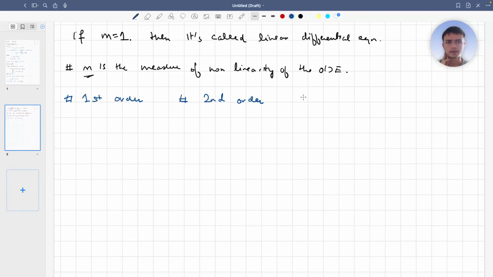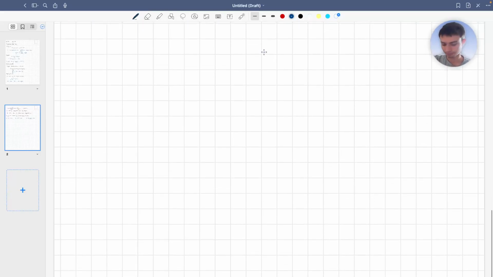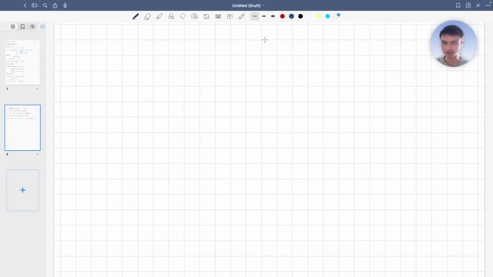I'll also talk about how to solve nth order ODEs, and that's for a very special case. We'll talk about a very special case when we can solve nth order ODEs.